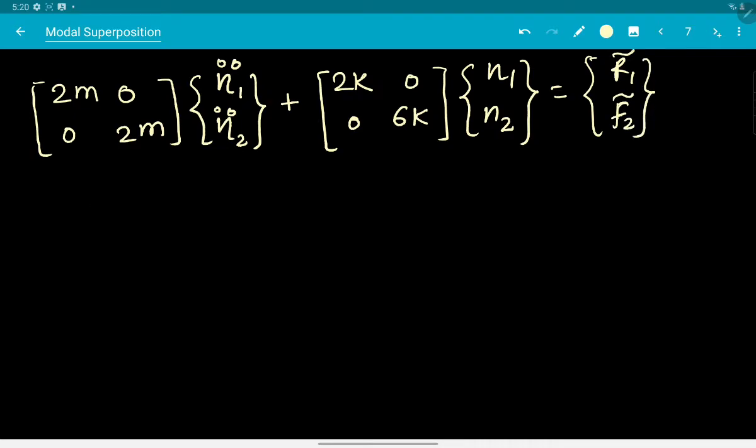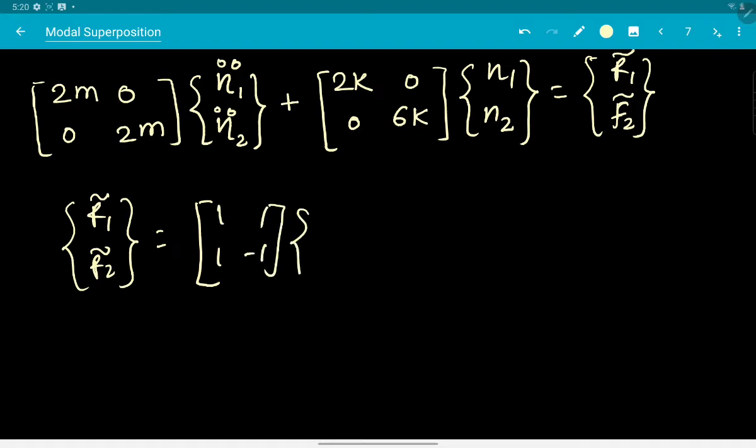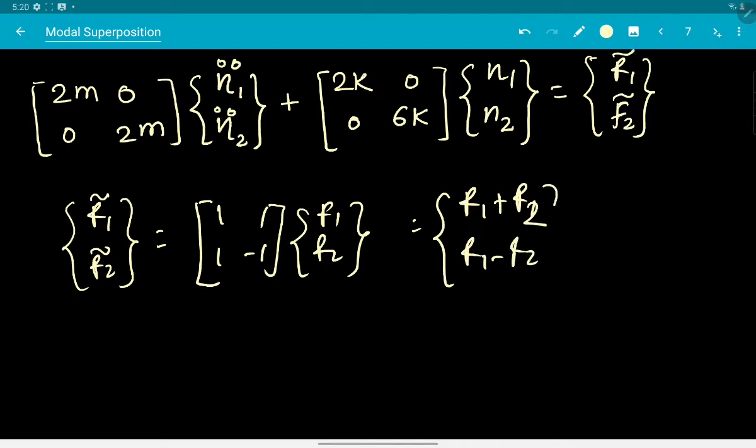This vector f1 tilde, f2 tilde is nothing but 1 1 1 minus 1 operated on f1 f2, which is equal to f1 plus f2 and f1 minus f2. So this is what f1 tilde is.